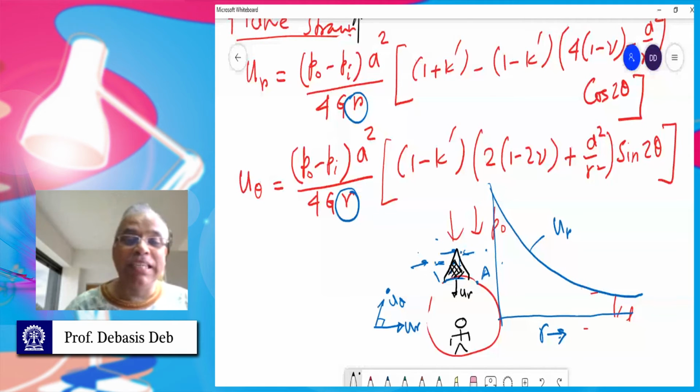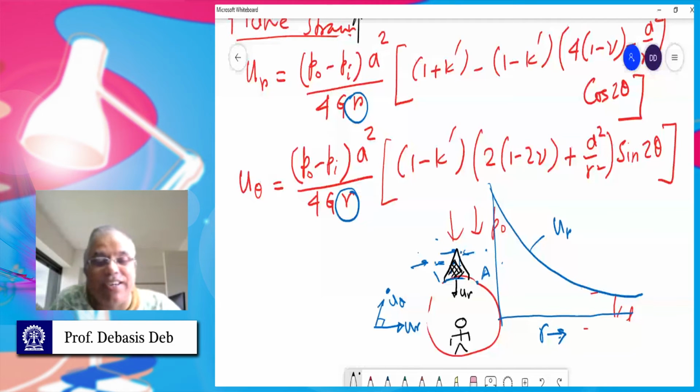So for stability, this UR is very important. The radial directional displacement, because you will be walking through this tunnel, or a vehicle or a train will go along that tunnel. So I need to know how much they will displace, and I have to restrict that displacement.